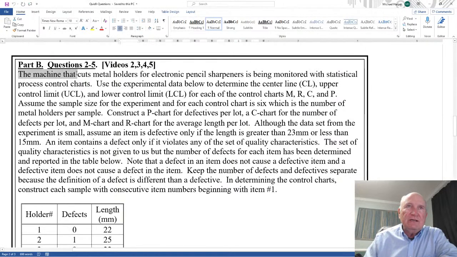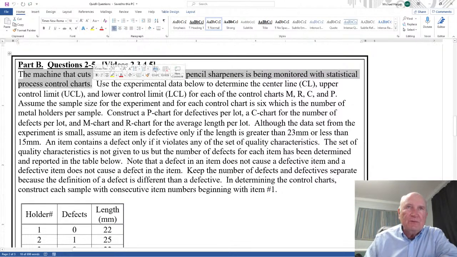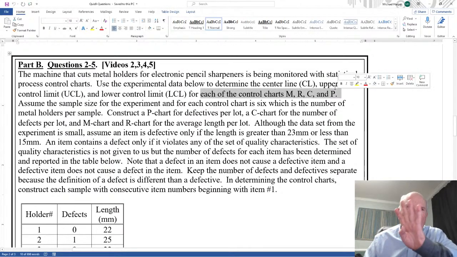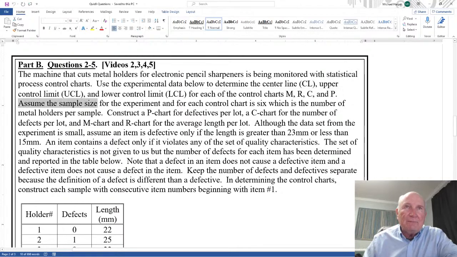The machine that cuts metal holders for electronic pencil sharpeners is being monitored with statistical process control charts. Use experimental data below to determine the center line, upper control limit, lower control limit for each of the control charts M, R, C, and P. You're doing 4 of them.